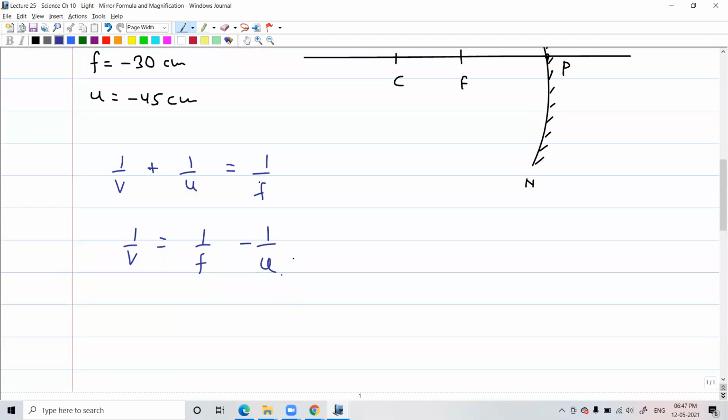And then, if you want to do it like me, I would do it like this: U minus F by U into F. Do you understand how this is coming?